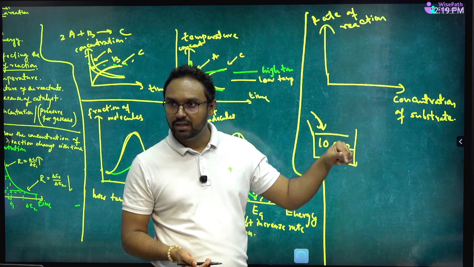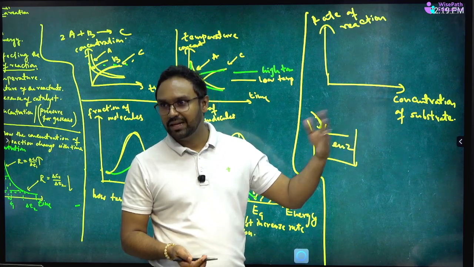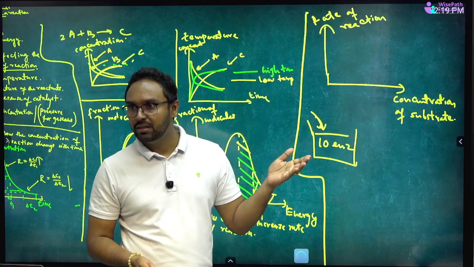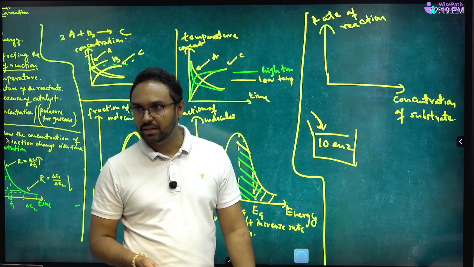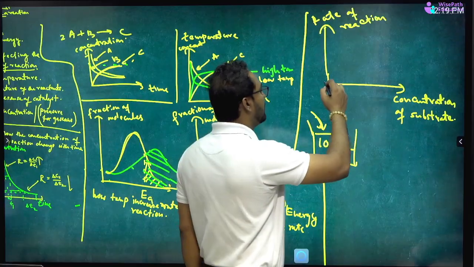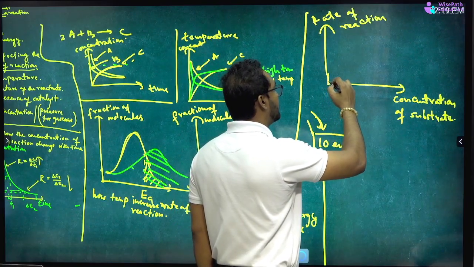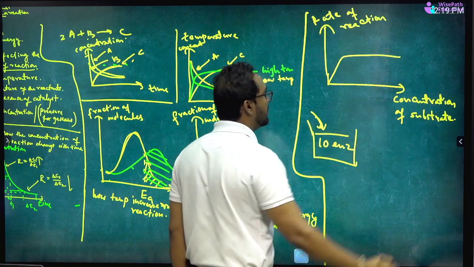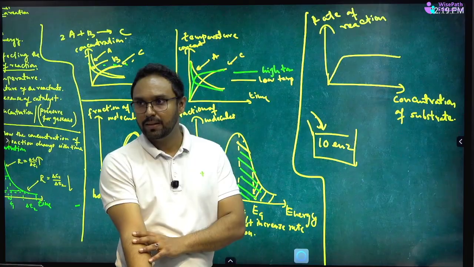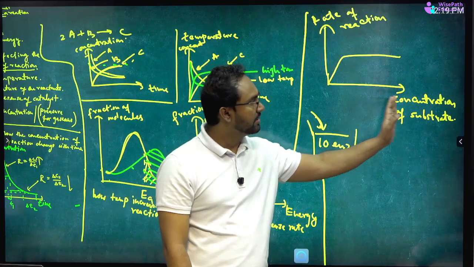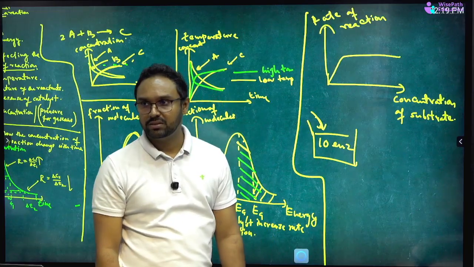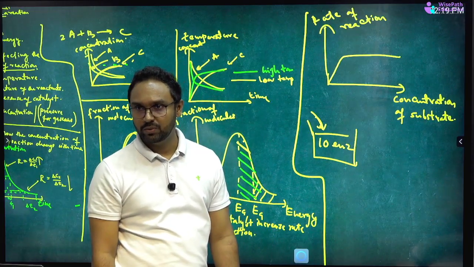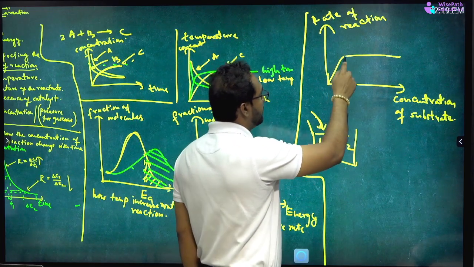Still only 10. If I put 20, still only 10. If I put 30, 10 at a time. So the rate will become constant. At the beginning the rate of reaction increases, and when the enzymes are saturated, the rate of reaction becomes constant. So I increase the substrate concentration further, right? So at this point, what happens?